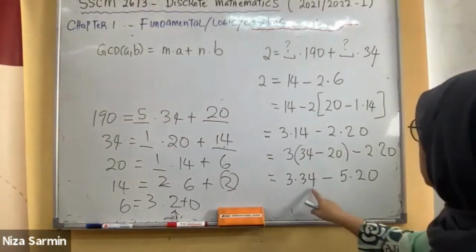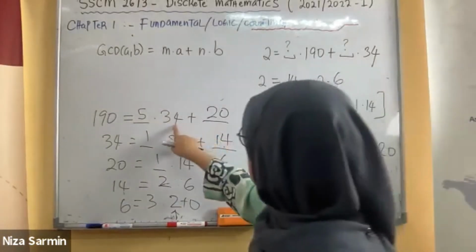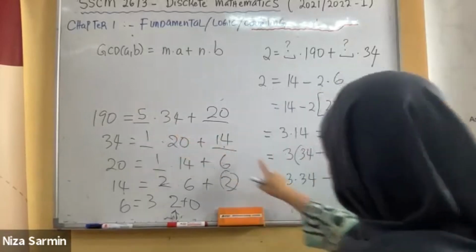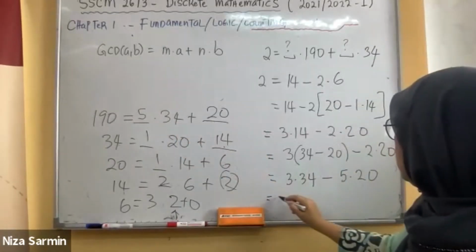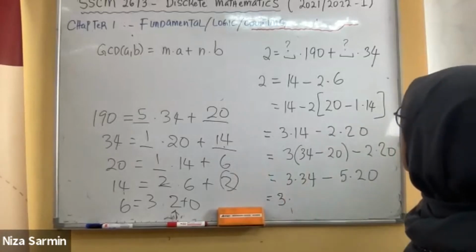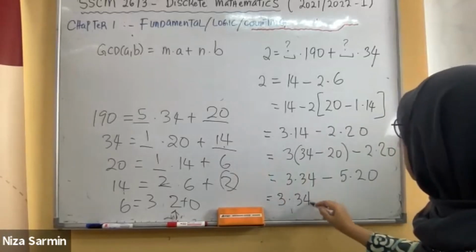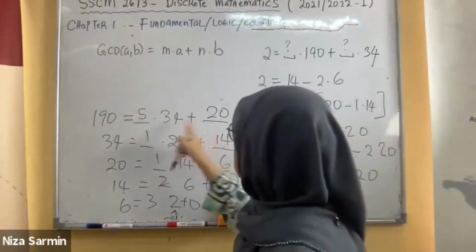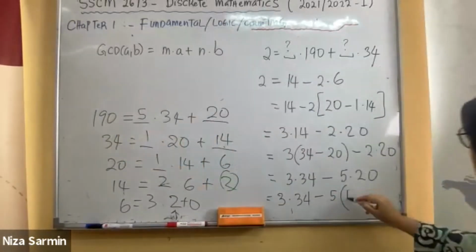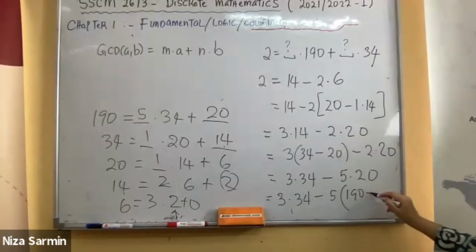And this, you can find this, right? The 20. Okay, so 34 is okay. And the 20. 20 is 190 minus 534.